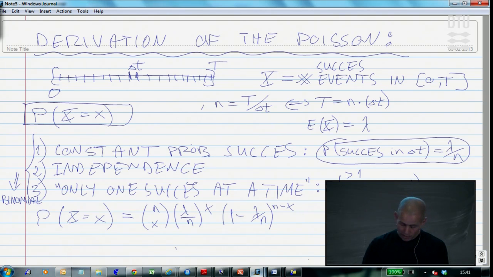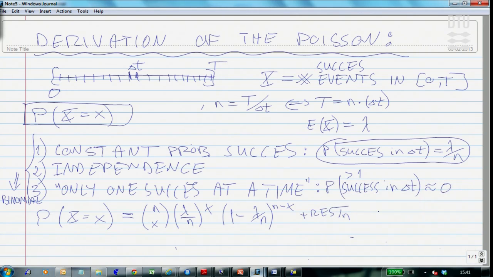Maybe we should say this is not exactly equal, because there could be more than one success in a small interval, so you could say there would be some rest here. But let me just right away ignore this rest, because it will tend to 0 when we let n tend to infinity.